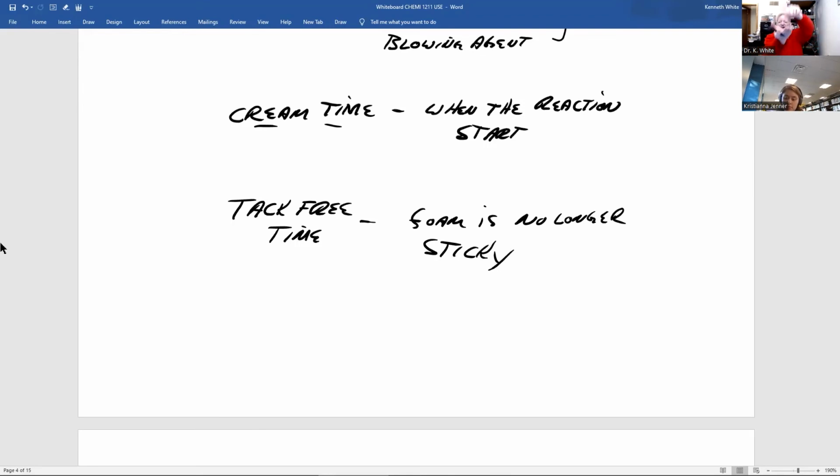And if you touch it and it's hard to pull off, it's still sticky. And as soon as you touch it and it comes off easily, you've got a measurement, the tack-free time. And in a company that makes board stock urethane foam, they need to know the tack-free time so they know when they can safely take it out of the molds. And these are both important measurements.